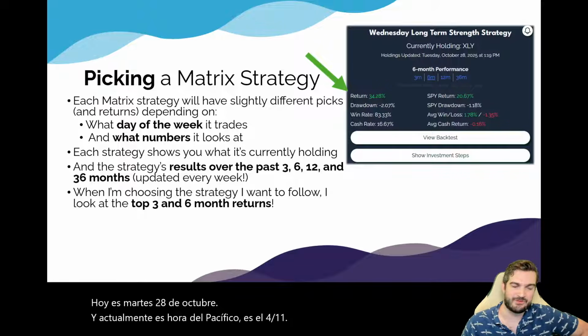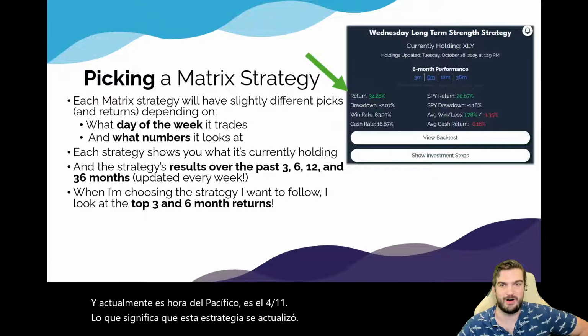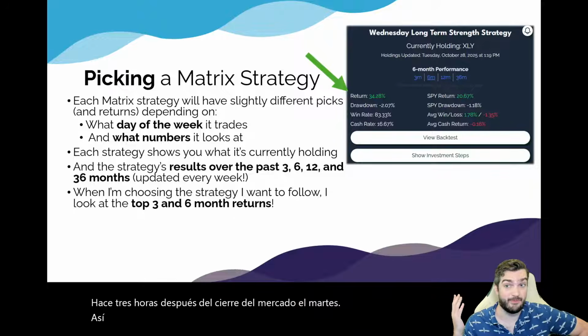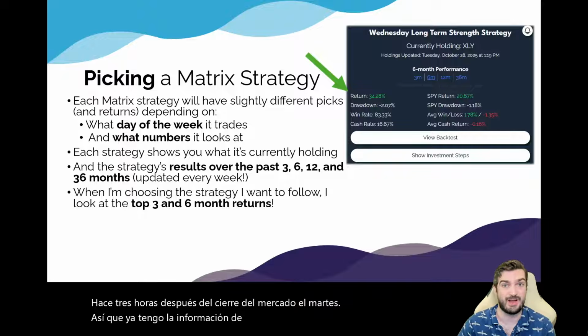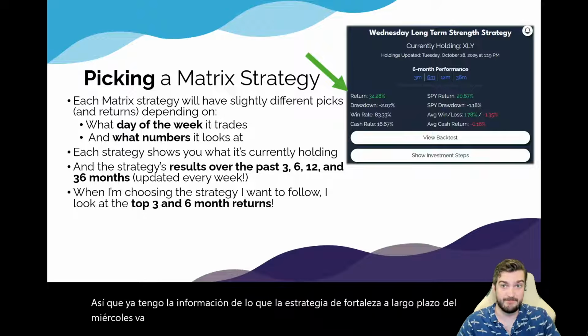Meaning this strategy updated 3 hours ago after the market closed on Tuesday. So I already have the information of what the Wednesday long-term strength strategy is going to be holding from tomorrow, Wednesday, until the following Wednesday.